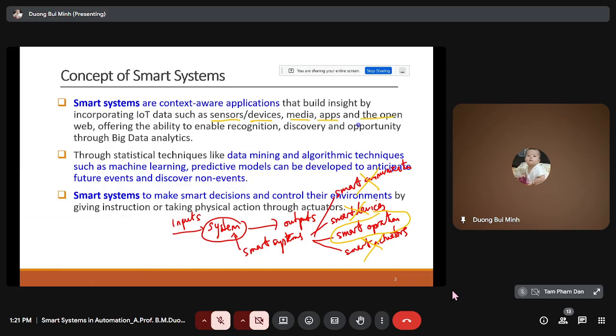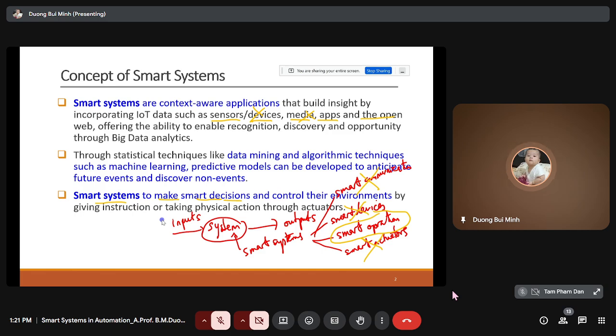But we skip this because we just focus on the smart operation. Smart systems make the smart decision and control their environment by giving instruction or taking physical action through actuators.